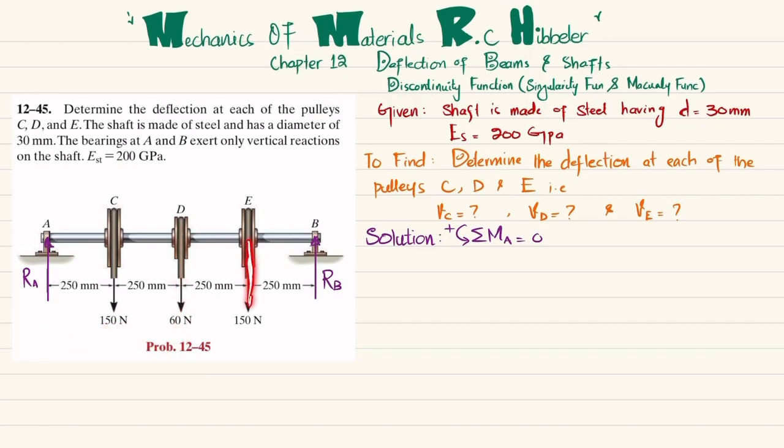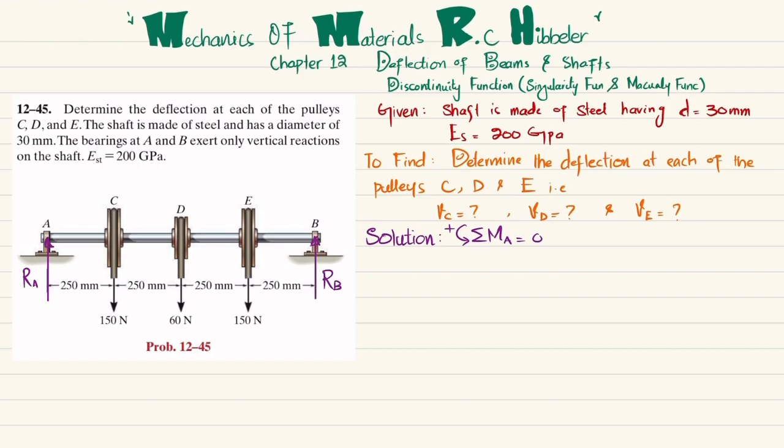The third moment is this 150 Newton, and the perpendicular distance is 750 millimeter, which is 0.750 meter, and this is also clockwise, so it will be negative. The last moment is due to this force into the perpendicular distance of 1000 millimeter, which is 1 meter, and this is producing counterclockwise, so it will be positive.